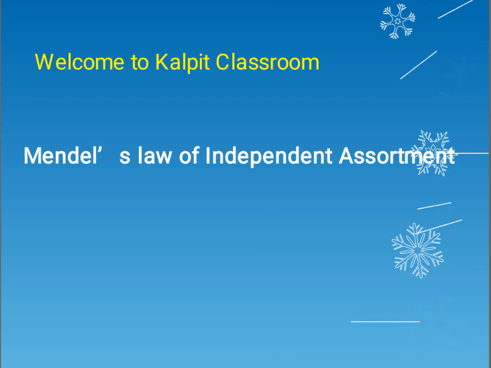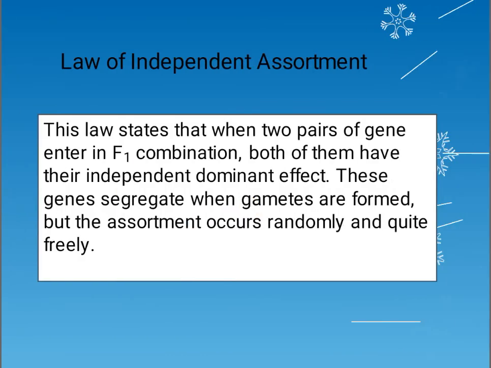And in today's lecture, I will speak about Mendel's second law of inheritance, which is called the law of independent assortment. So let's continue with it. This law states that when two pairs of genes enter in F1 combination, both of them have their independent dominant effect.